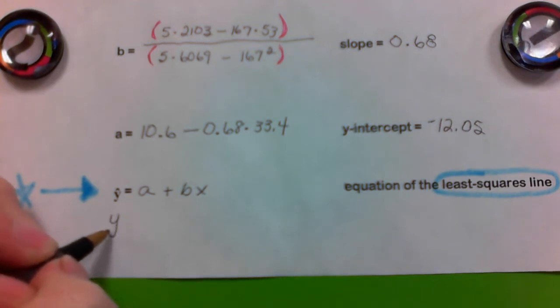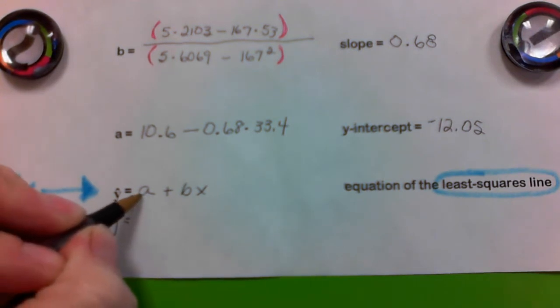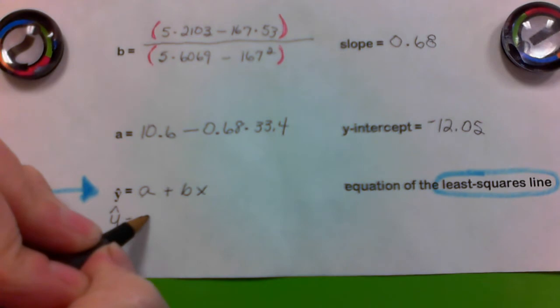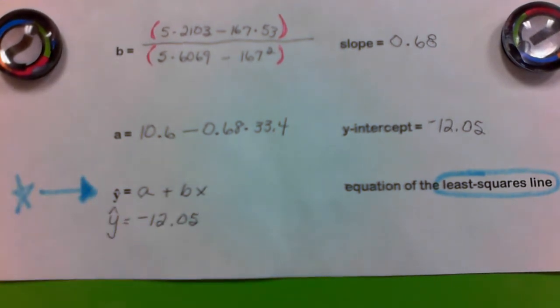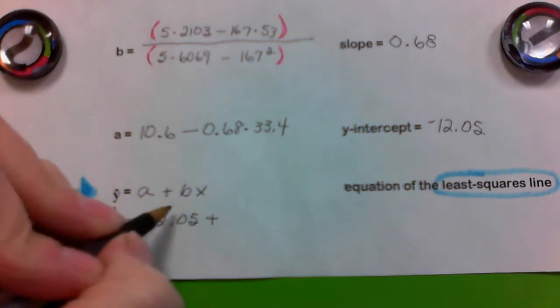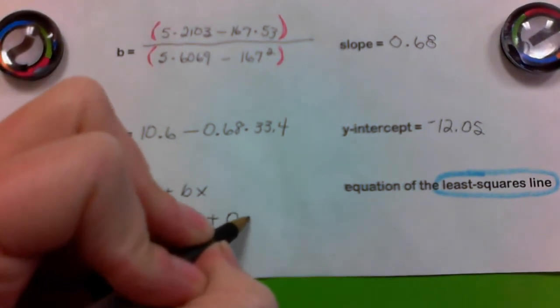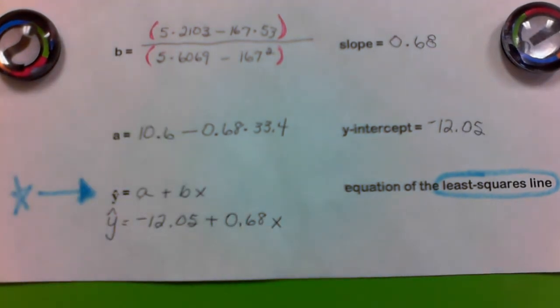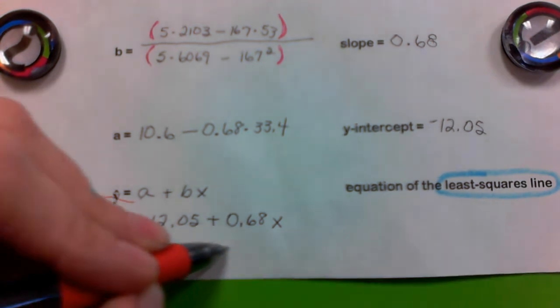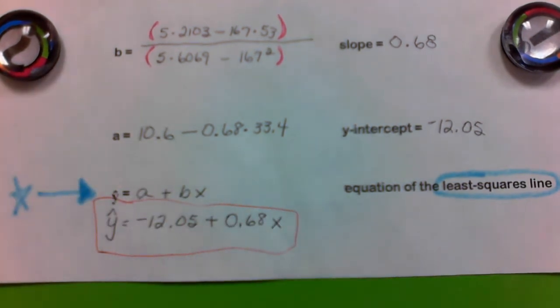So what we're looking for is y hat equals A, the y-intercept, which we calculated to be negative 12.05, plus B, your slope, 0.68, times x. So this is my ultimate goal right here.